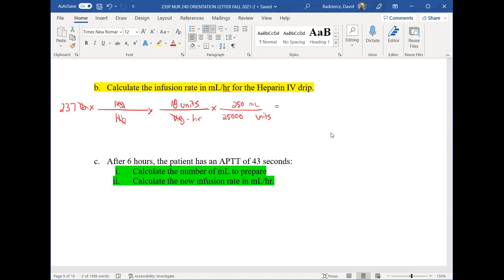And I'm going to get 19.39, which is 19.4 milliliters per hour. If you're doing this after you've already calculated the patient's weight in kilograms, the 107.7 kilograms, then you would multiply by the 18 units per kilogram per hour.